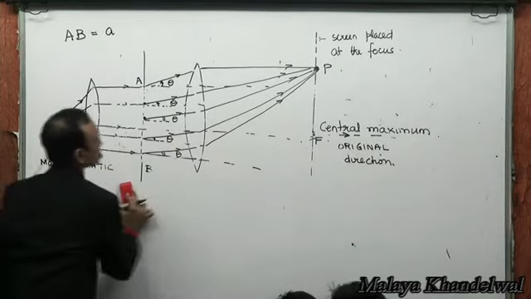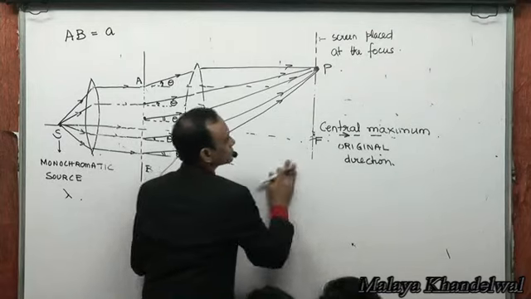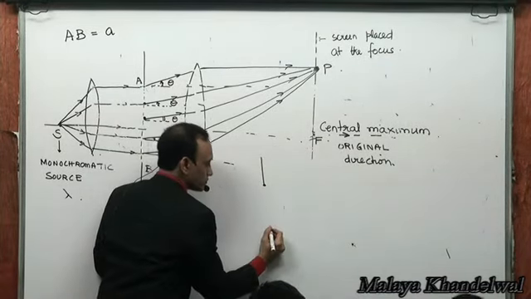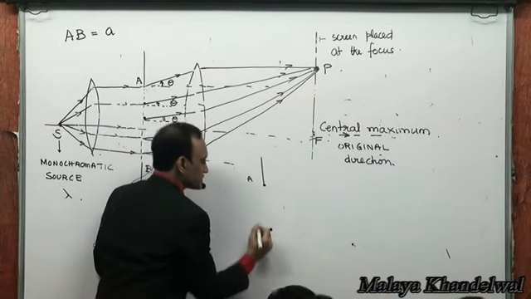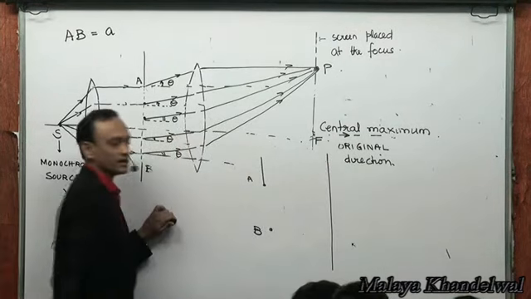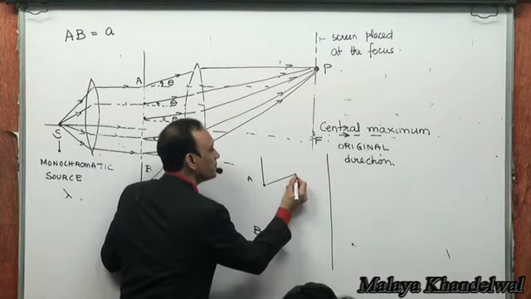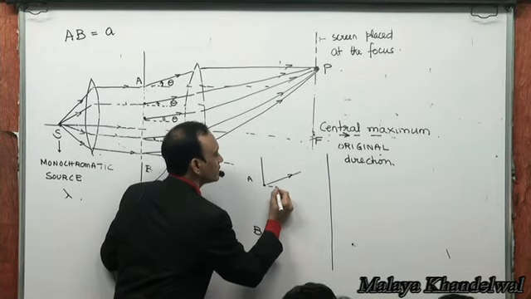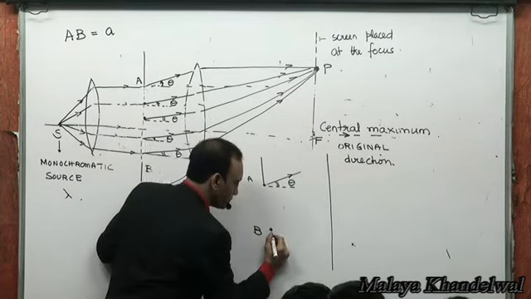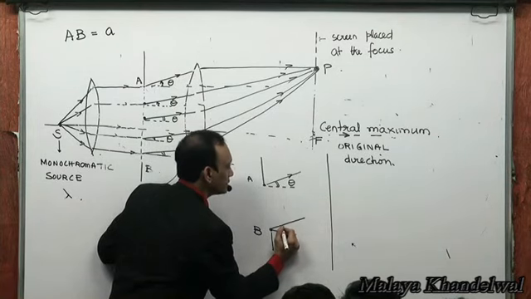Now, what I want you to take cognizance of is this is A, this is B, and say this was the screen. Very clearly, this is a beam diffracted at an angle theta, from B also diffracted at an angle theta.